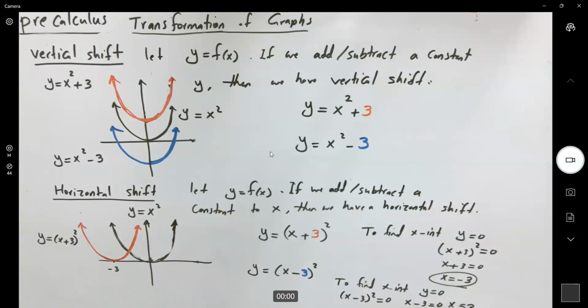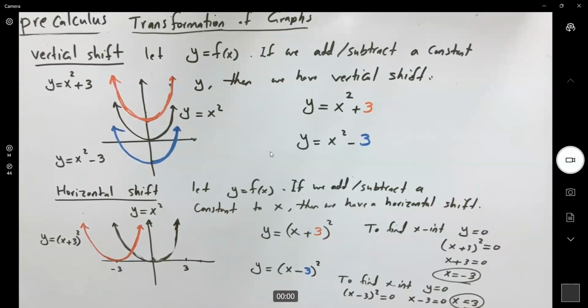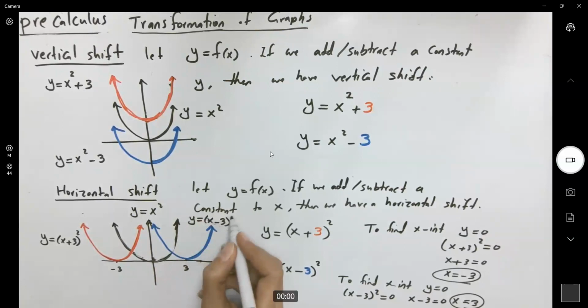So x is positive 3. So as you can see, you have to shift your graph horizontally to the right-hand side. This is your graph that you're going to see here. So this is (x minus 3) to the second power. Very good.